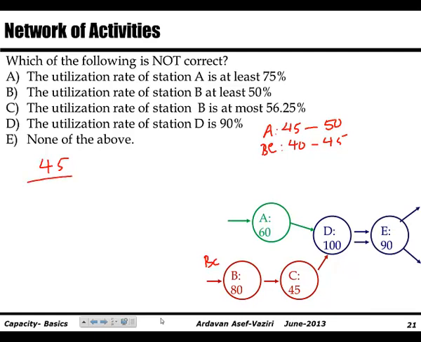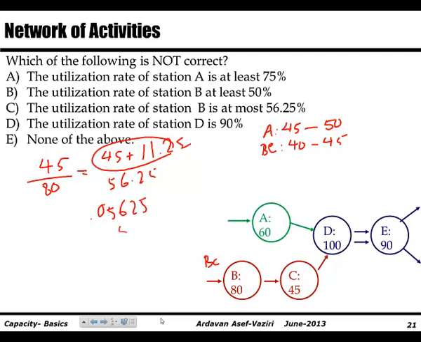Capacity of this station is 80. 45 divided by 80, I did it manually, you don't need to be worried about how I computed this. It comes out 0.5625, which is 56.25%.